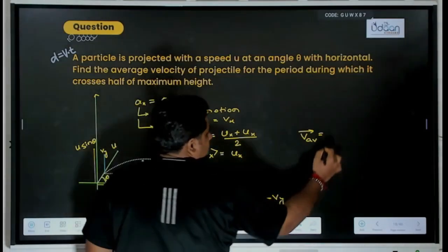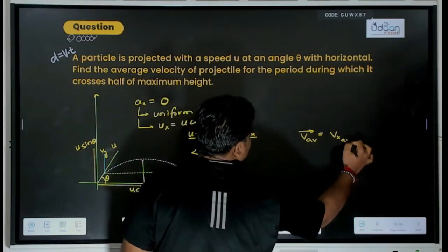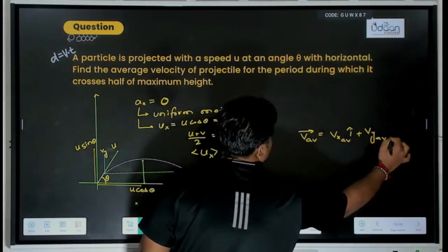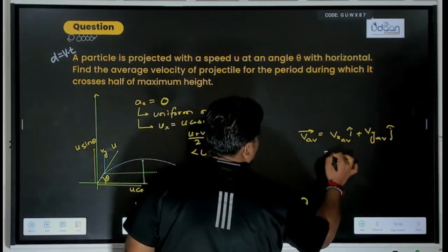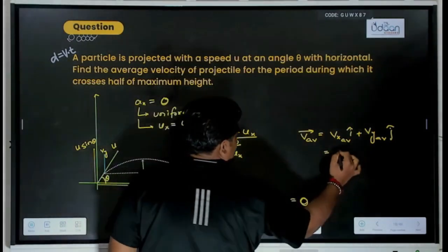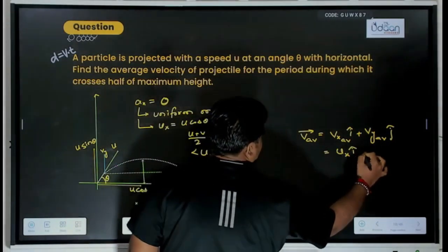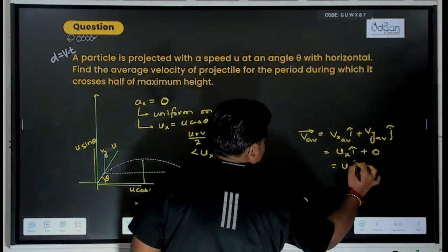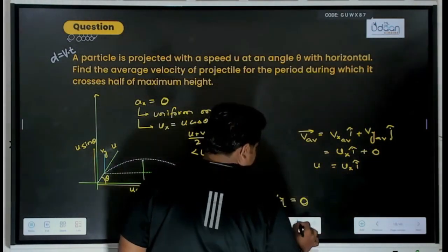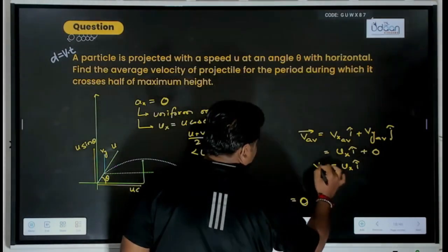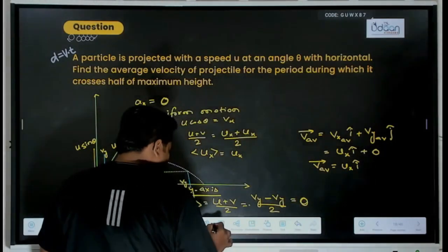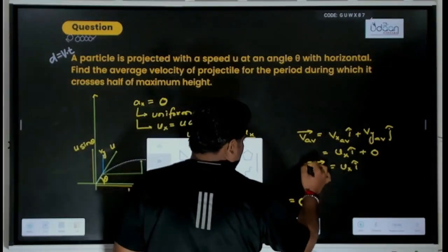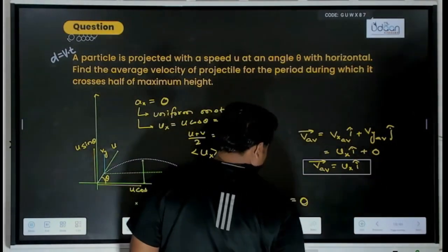It will be the average velocity in x direction i cap plus the average velocity in y direction j cap. In x axis it is ux, so it becomes ux i cap, and on y axis it is 0. So the ultimate answer is ux i cap, which will be considered as V average. So please give respect to this answer.